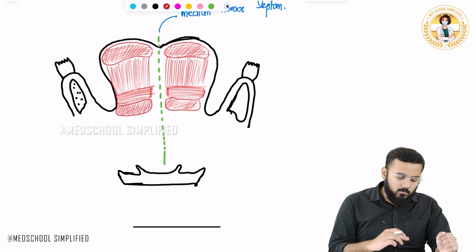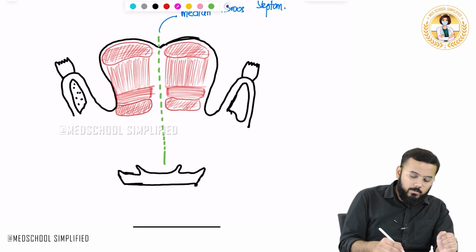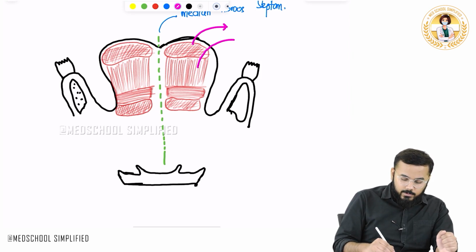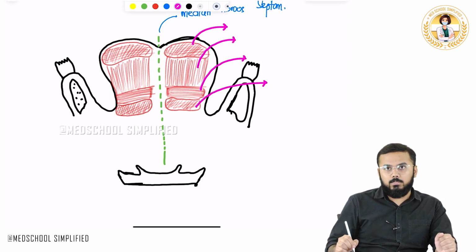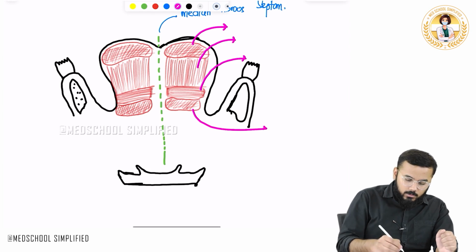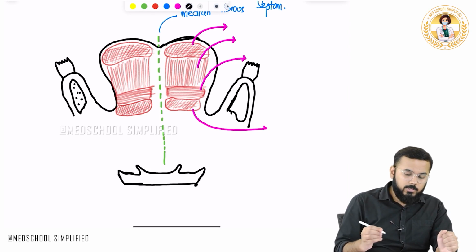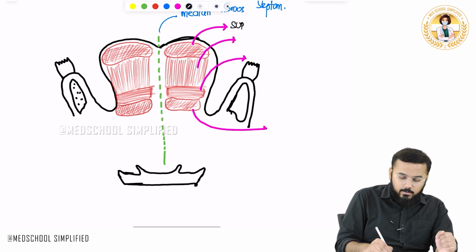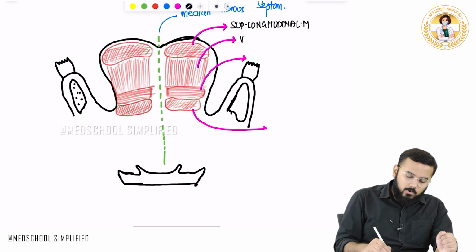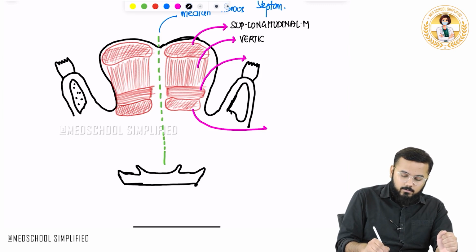So how many muscles in total? We have 4 muscles over here. What are these 4 muscles? This is one muscle, this is the second, this is the third, and this is the fourth. The first muscle is the superior longitudinal muscle. Next is the vertical muscle.